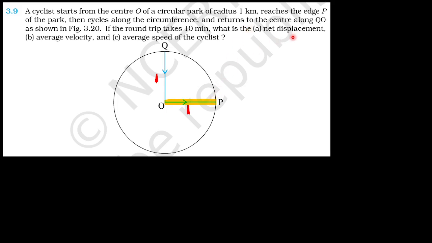The path is not clearly mentioned in the question. Initially he is moving along OP, and after that, what I have understood is that he is moving along this circle. At least they should show the arrow. And after that he returns to the center along QO.